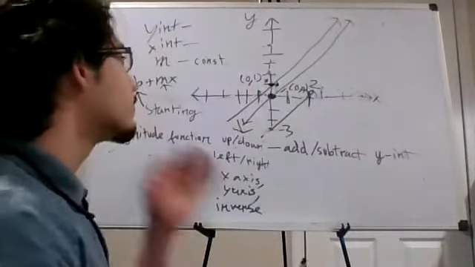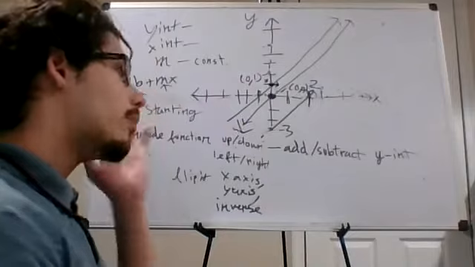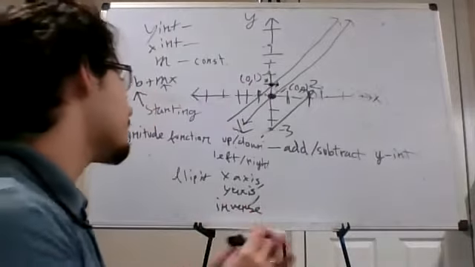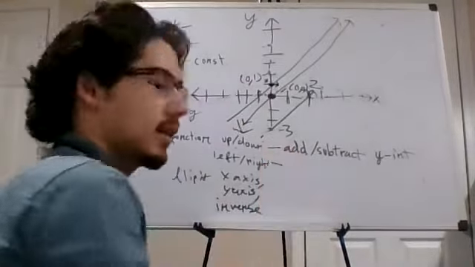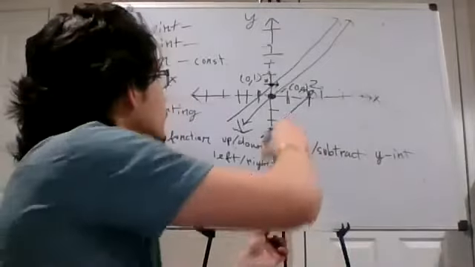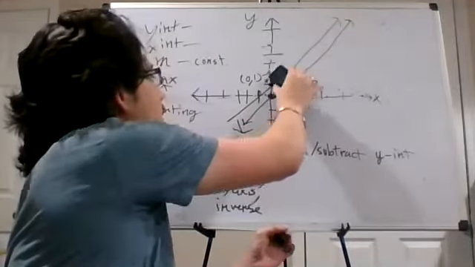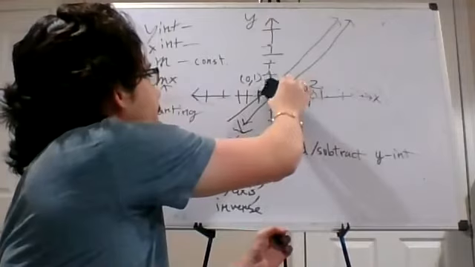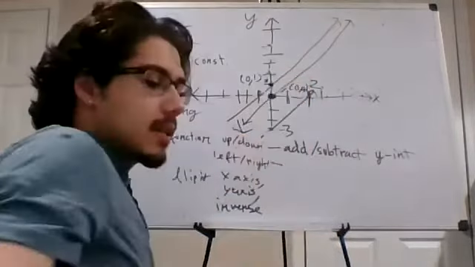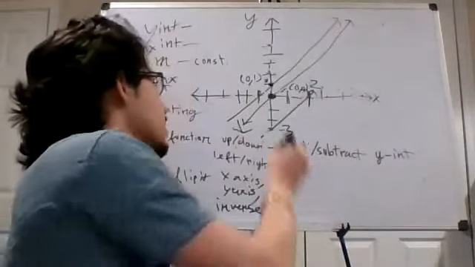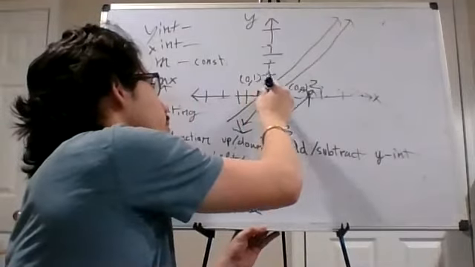So when we move a function left to right, let's stick with the example we already have. This is when the x-axis becomes a little bit more important.